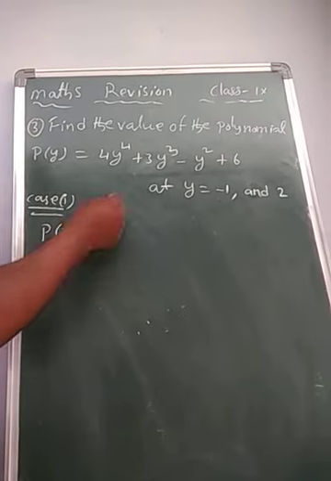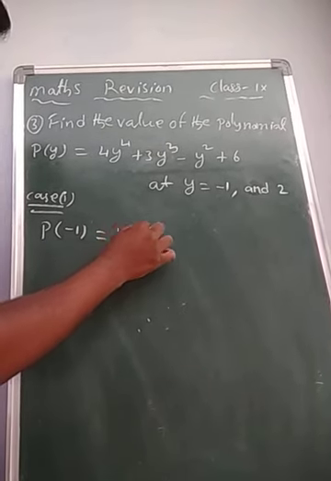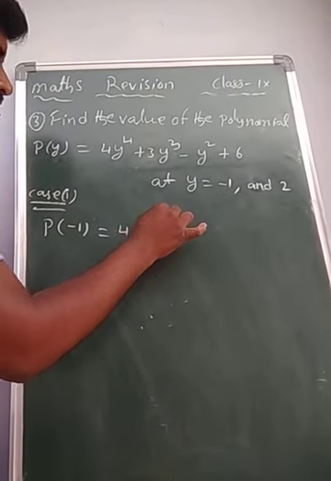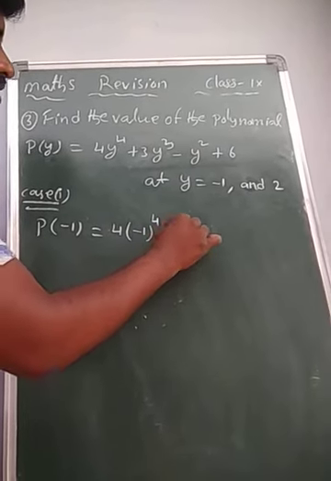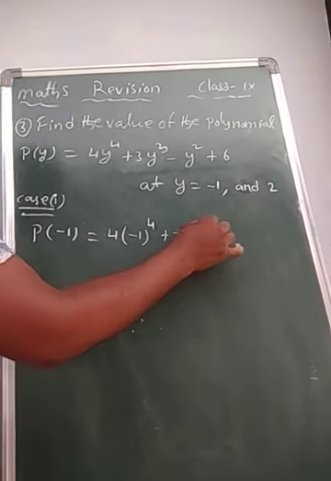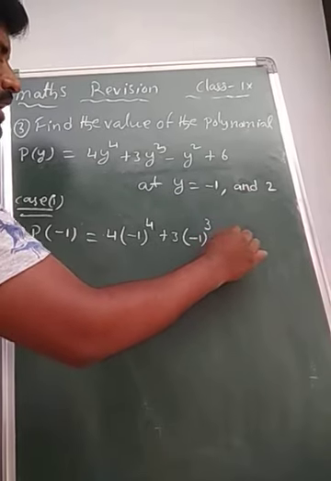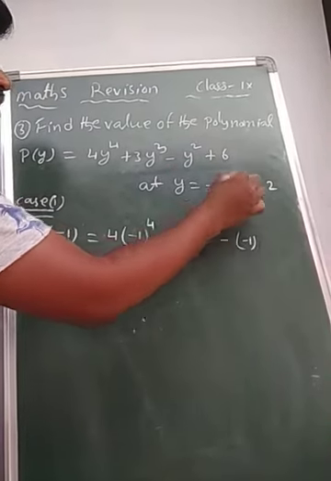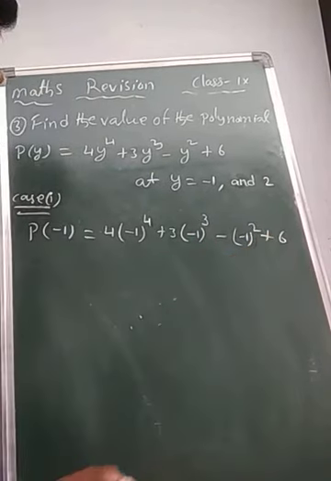Now see, 4 I am writing as it is. In the place of y I am going to substitute -1, that is (-1) power 4 plus 3 of (-1) power 3 minus (-1) power 2 plus 6.